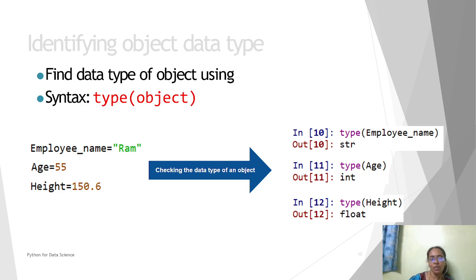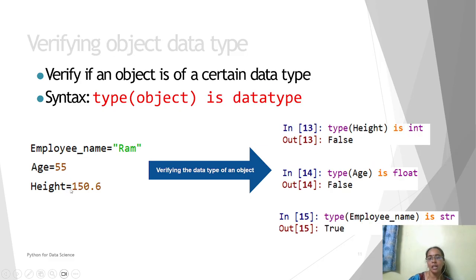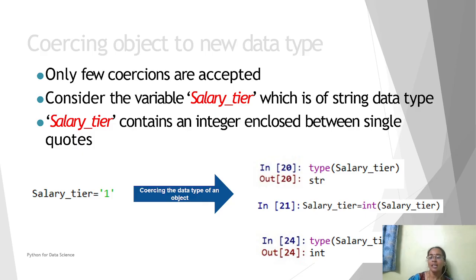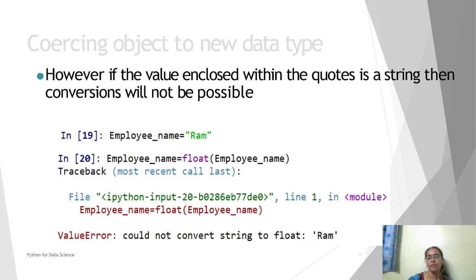The syntax for that is type, with the object within brackets. The object is nothing but the variable name. Here I have given the variable names employee_name, age, height. As well, we can convert the given data types. We cannot convert a string to a float or integer, but we can convert an integer into a string in single quotes, that is, the number will be converted into a string.